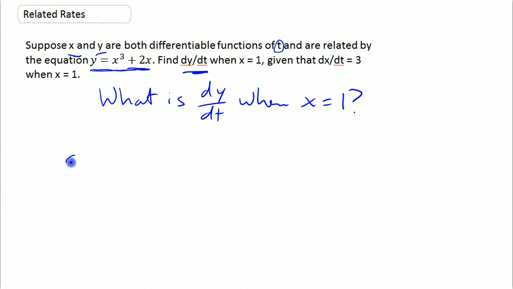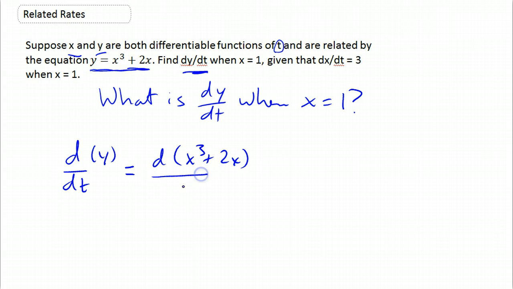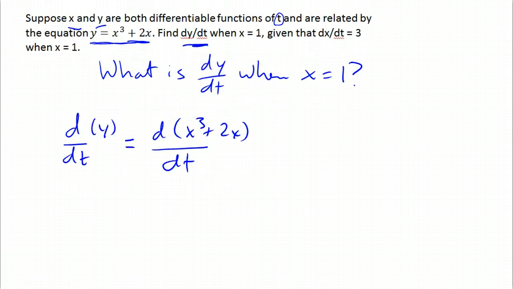That means we take the derivative of y with respect to t, and the derivative of the right side of the equation with respect to t. And that means we're going to use implicit differentiation and the chain rule.